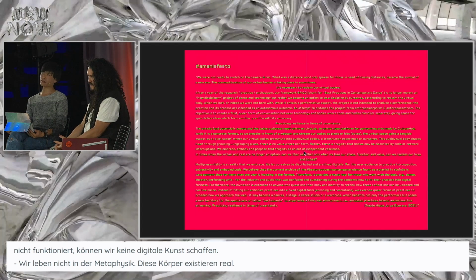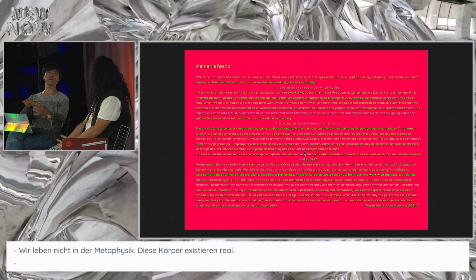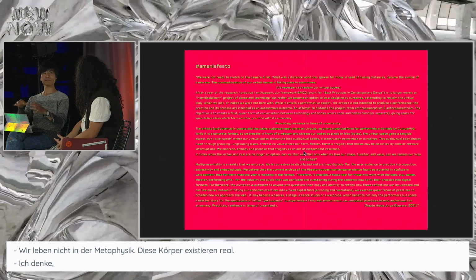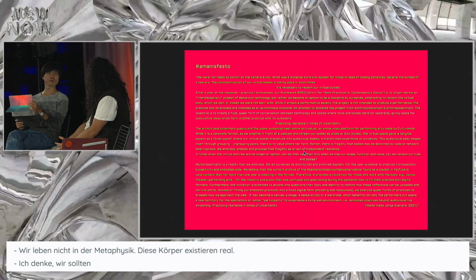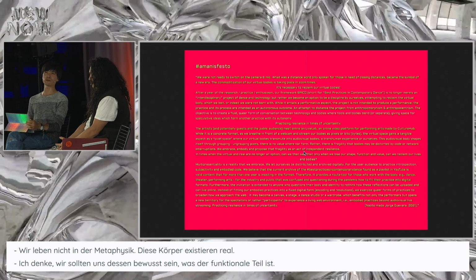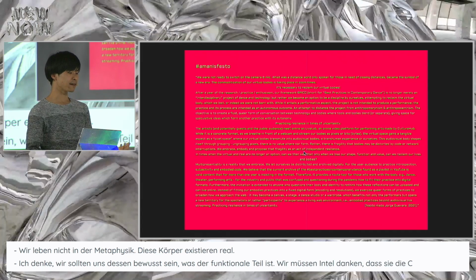But I think we should really acknowledge the functional part. We have to thank Intel for making the CPU. I don't think so, but I don't thank Microsoft for making Windows, but it has to be there.